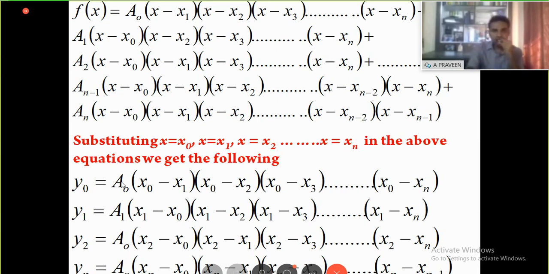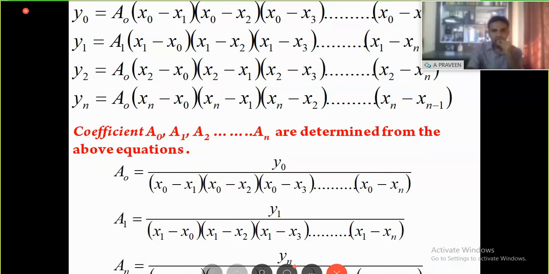So this is what I got in the previous slide, y0, y1, y2, y3. I can write it like this. A0 equals y0 divided by this entire thing. A1 of this line equals y1 divided by this entire thing: x1 minus x0, x1 minus x2, x1 minus x3, likewise.